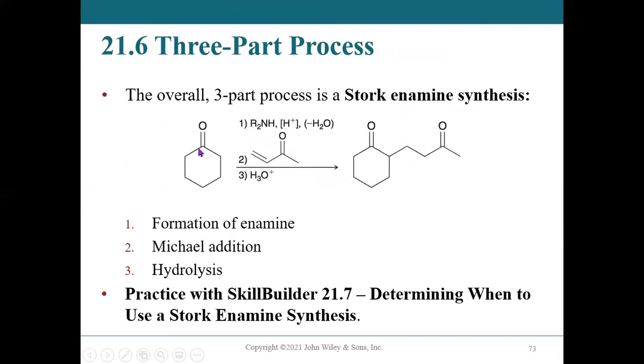We start with a ketone and convert that into an enamine, then add the Michael acceptor, which is an alpha beta unsaturated carbonyl, to produce the product. So the three steps are the formation of the enamine, Michael addition, then hydrolysis.